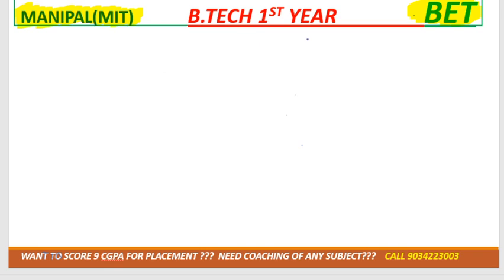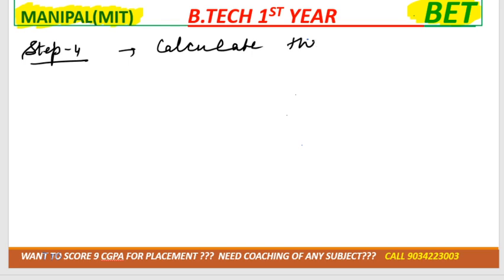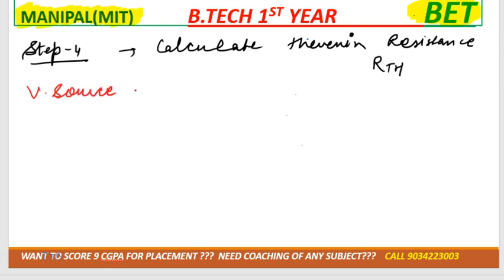Now after that, step number 4. We need to calculate the Thevenin resistance. Thevenin resistance is denoted by the term RTH. For this, we need to follow certain steps.